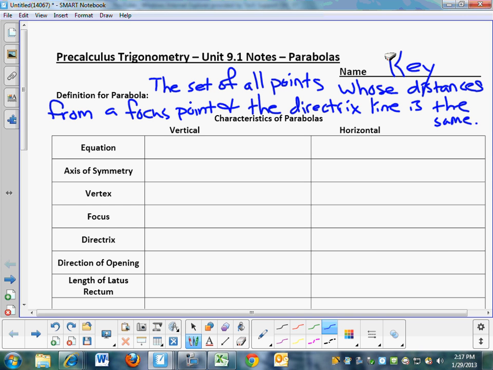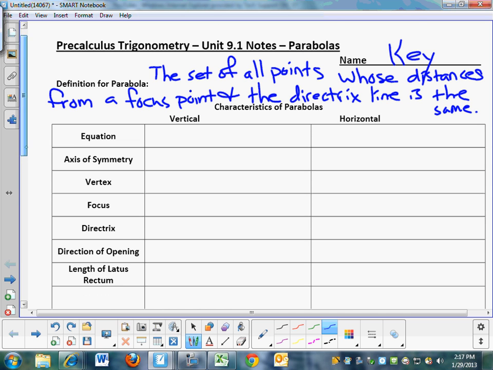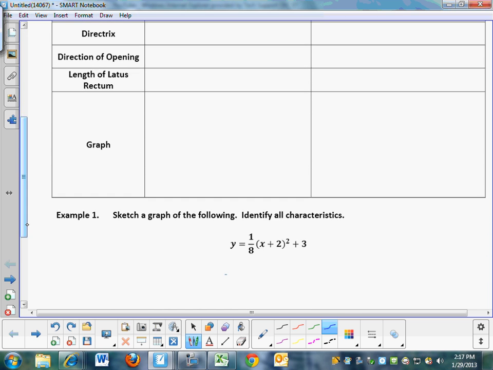So what does that mean? Let's draw it out, okay? If you didn't get it all down right now, it's fine. You can get it down in a second. A parabola has a spot on the inside, and we call that the focus point. It has a line on the outside that we call the directrix.